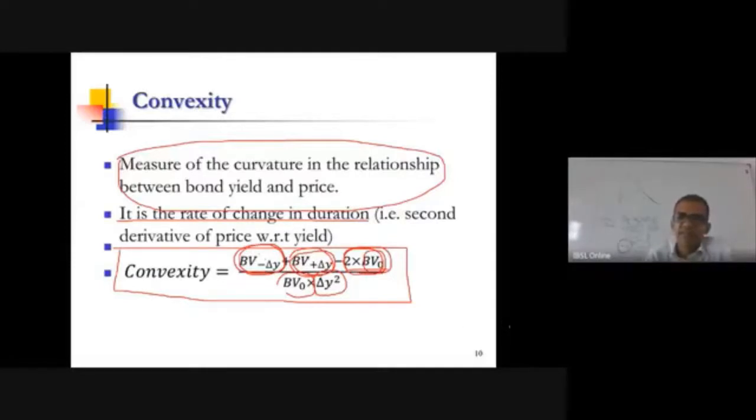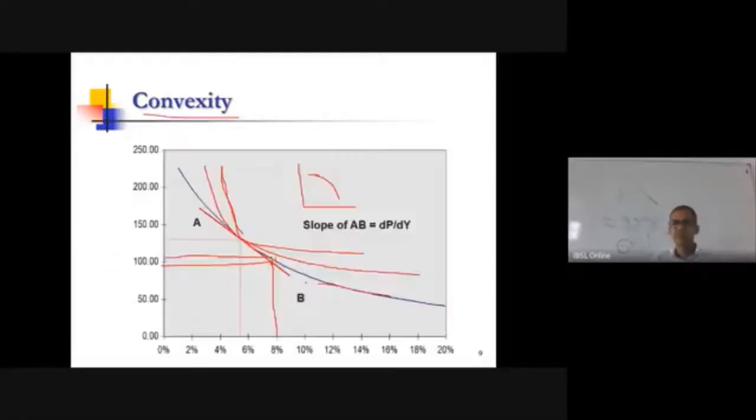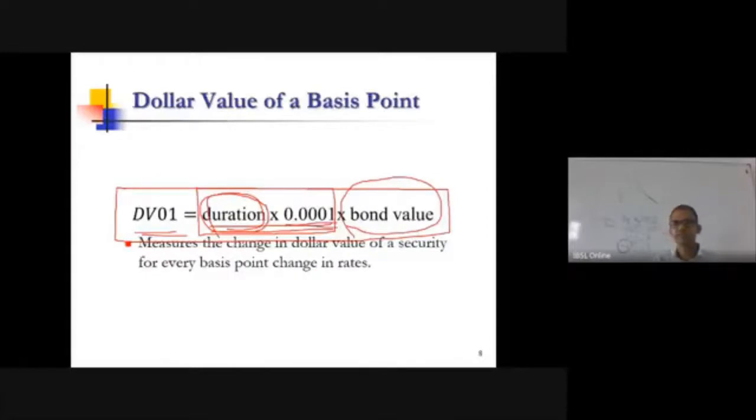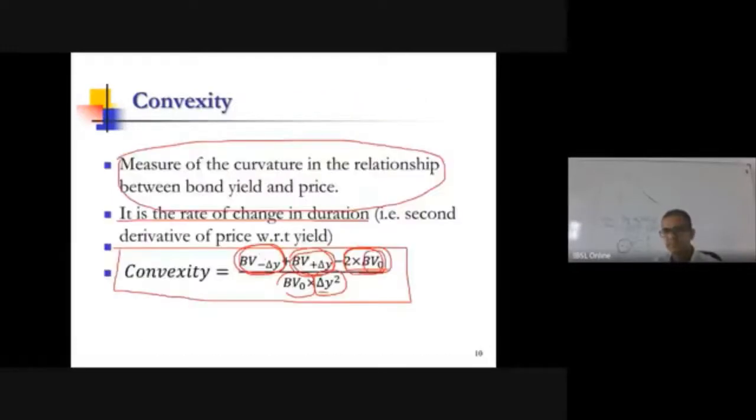Again, remember this change in yield you have to input as a decimal in this equation, not as a percentage. Remember that for all these equations, even here, that's why this is as a decimal. This is 1 basis point as a decimal.